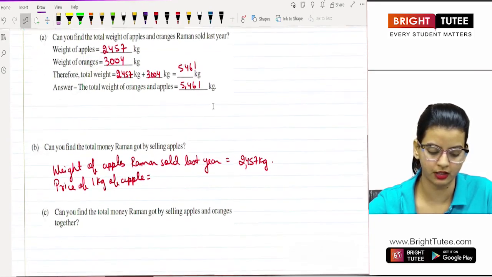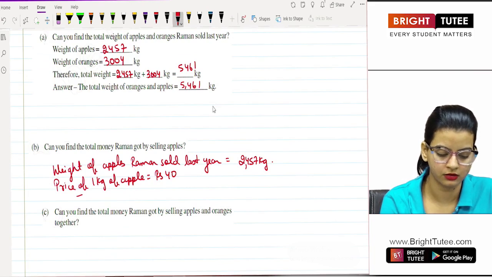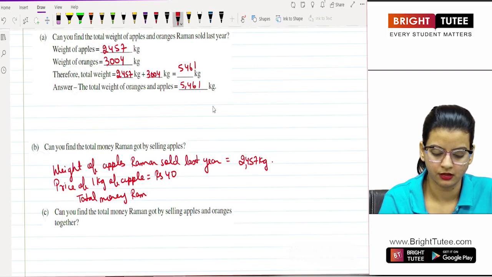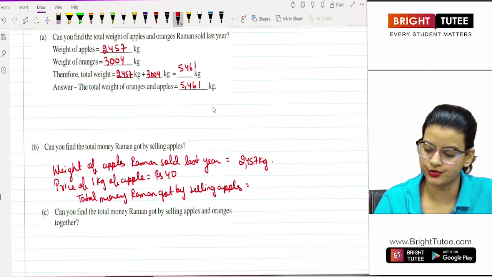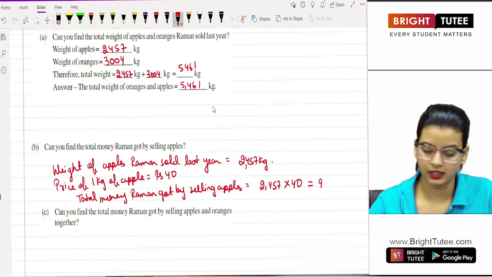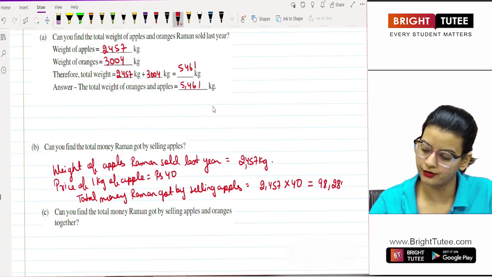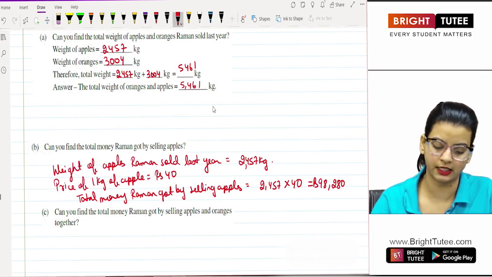Now the total money Raman got by selling apples is 2457 into 40. If we multiply this, we get 98,280. So 98,280 rupees he got by selling apples.